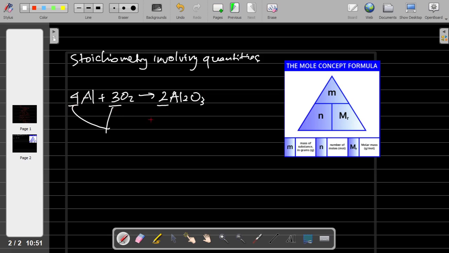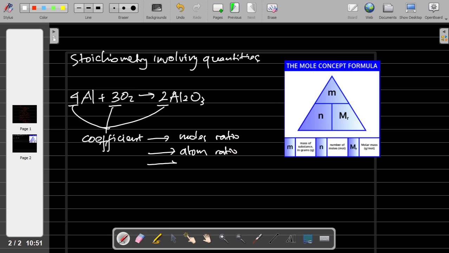With this, we call it a coefficient. So coefficient is only used to make a mole ratio, and then it is used for atom ratio, and also volume ratio. Okay, so it's simple.